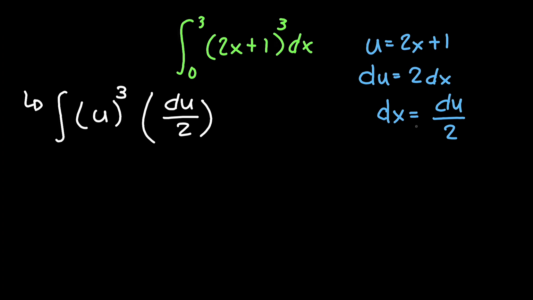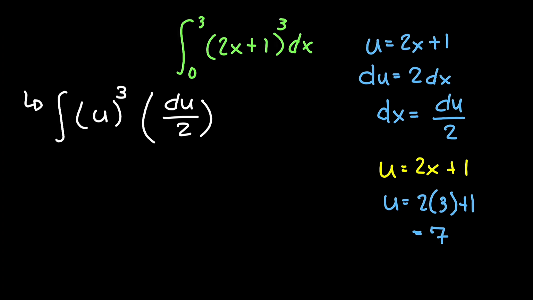So let's use this. u equal 2x plus 1. So let us substitute 3 first into the x here. So u is equal to 2 multiplied by 3 plus 1. So this would be equal to 2 multiplied by 3 would be 6 plus 1 would be 7.